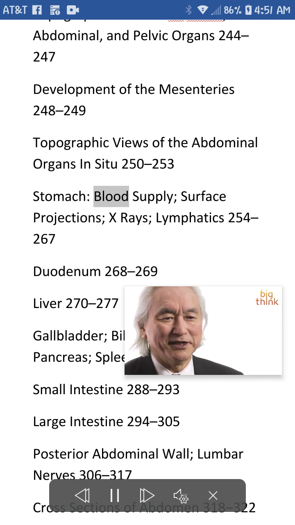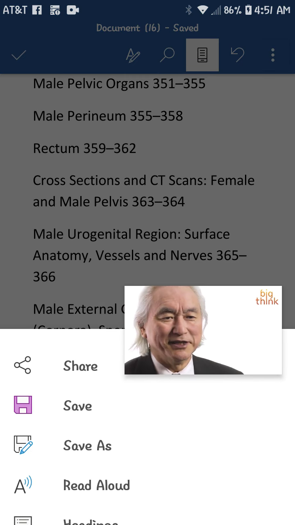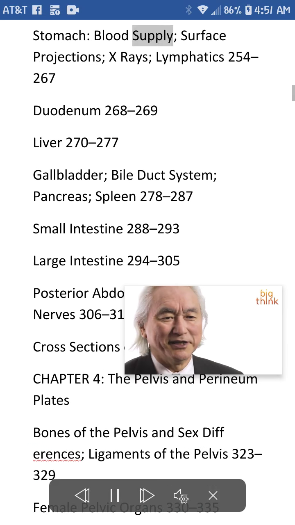Stomach, blood supply, surface projections, X-rays, lymphatics 254 to 267. Duodenum 268 to 269. Liver 270 to 277.